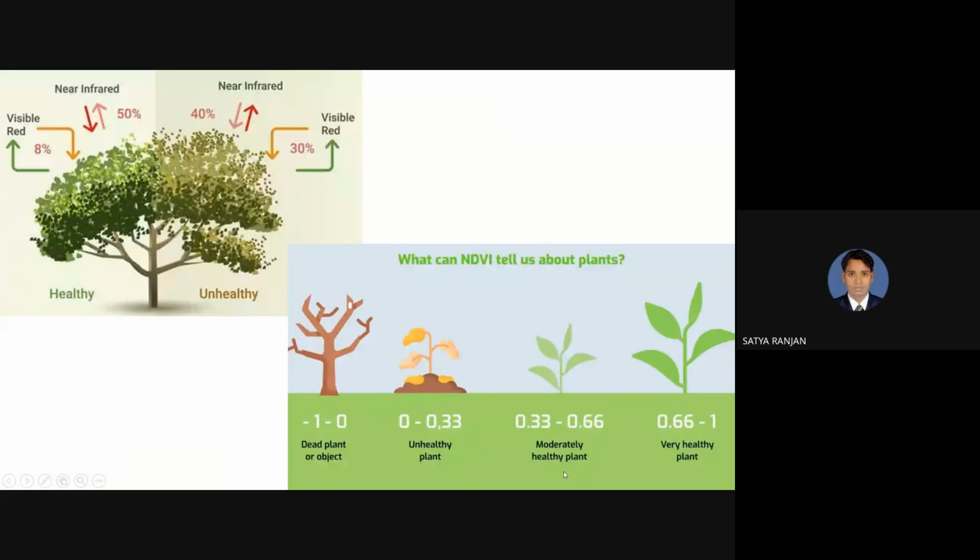Then moderately healthy vegetation, which is not as healthy as very healthy vegetation, will have a value of 0.3 to 0.6. Then very healthy vegetation like mangrove or evergreen plants will have a value of 0.6 to 1. So we will see in the practical section how to identify healthy and unhealthy vegetation with the help of different indices.